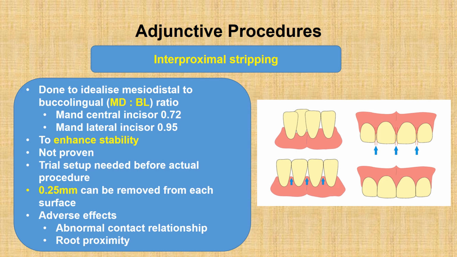Now, this can help to enhance stability, though it is not a proven procedure. A trial setup will be needed before the actual procedure, and up to 0.25 millimeter can be removed from each proximal surface. Now, there are adverse effects in this procedure, which are abnormal contact relationship and root proximity.